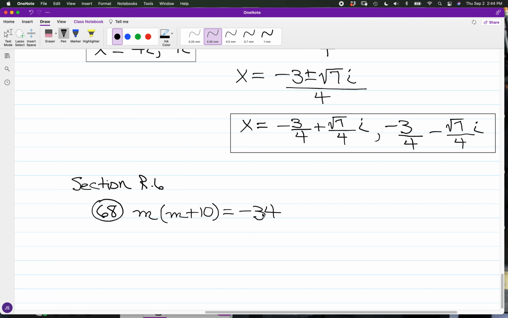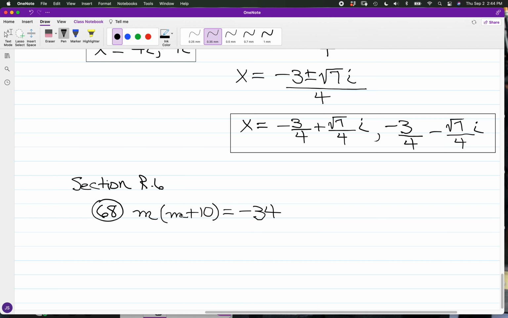Again, the temptation might be to set each of these factors equal to negative 34, but you cannot do it that way. If you set factors equal to something, the constant on the right has to be 0. You cannot use the zero product property if the constant on the other side of the equal sign is non-zero.